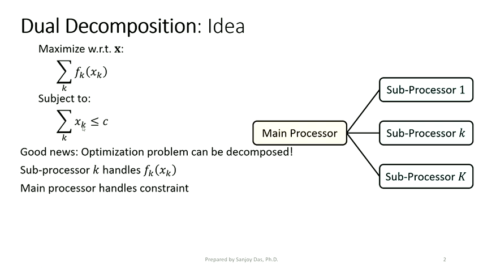You can have multiple constraints, some constraint with respect to x1 and x3, and another constraint with respect to x2, x5, x6, and so on. You can have all sorts of constraints here. But the key is the objective function is decomposable into something like this in terms of the primal variables. So this is the trick in general.